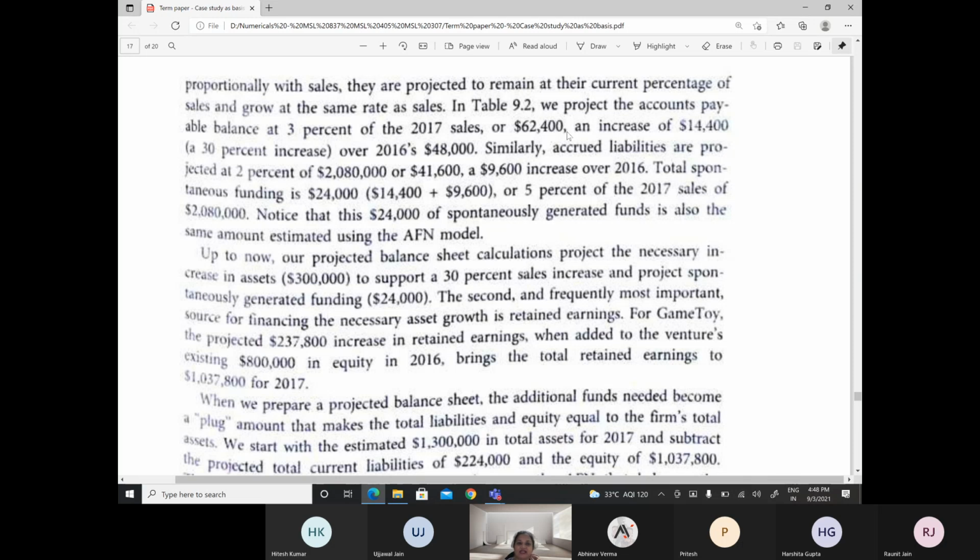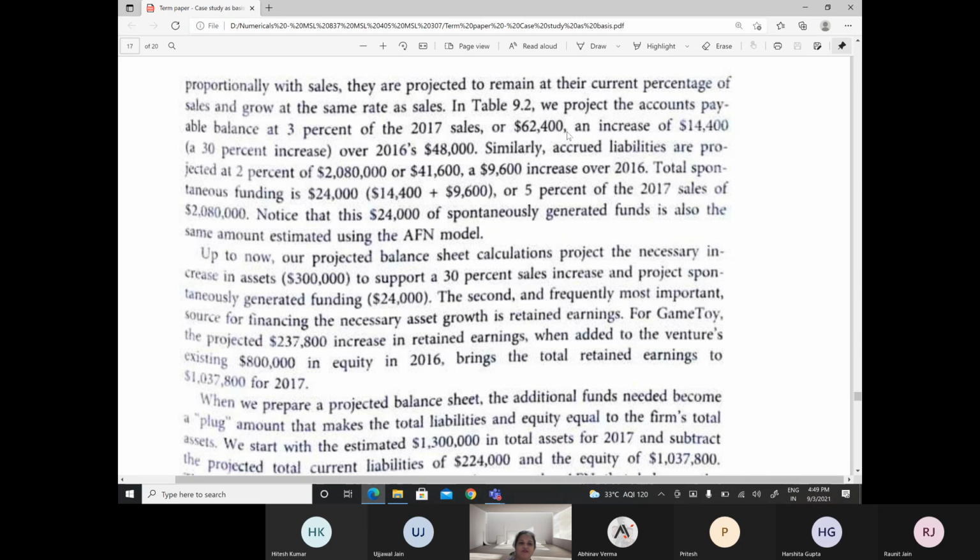Similarly, accrued liabilities are projected at 2% of 2.08 million, or 41,600, which is a 9,600 increase over 2016. So total spontaneous funding is 24,000, or 5% of the 2017 sales of 2.08 million.